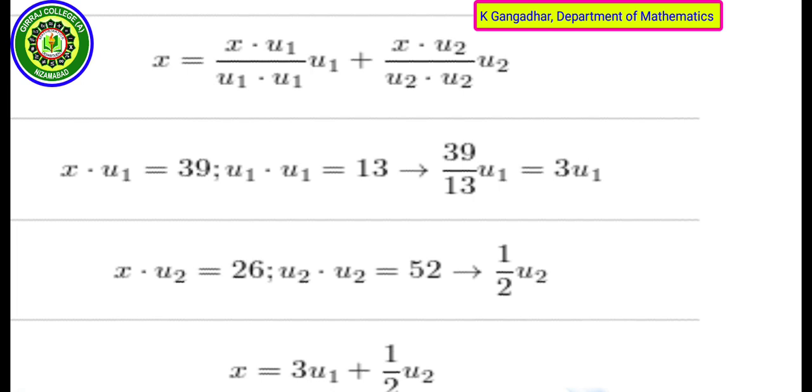First we find x dot u1 equal to 39, u1 dot u1 equal to 13. Next, x dot u2 equal to 26, u2 dot u2 equal to 52. We substitute the values, and we get the linear combination 3u1 plus 1 by 2 u2. It is the linear combination value of x.